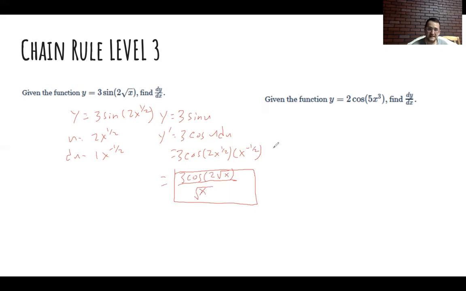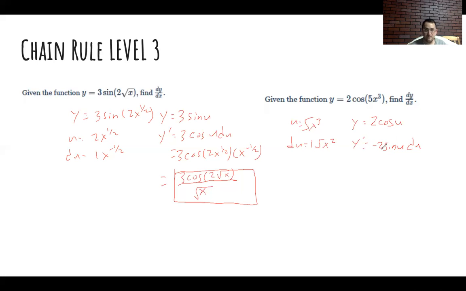All right. This one, I'm going to write my u as 5x cubed. My du is going to be 15x squared. So my y is equal to 2 cosine of u. My derivative would be negative 2 sine of u du.